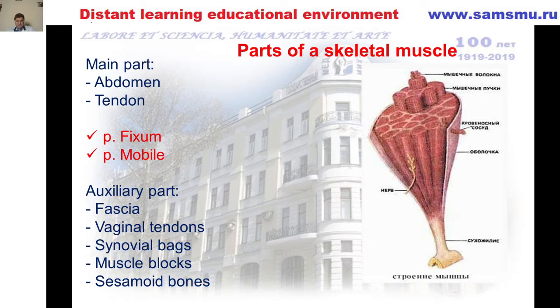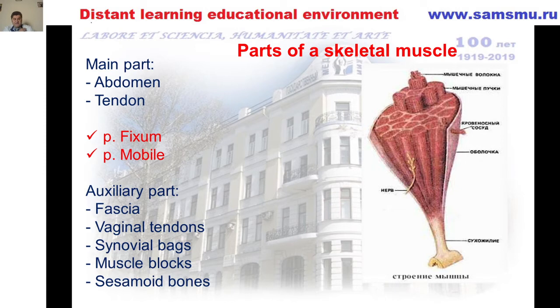A muscle starting on one bone and attaching to another acts through a joint or other movable joint of bones. It so happens that the concept of the beginning and attachment of a muscle is rather arbitrary. When the shoulder muscle contracts, the beginning of the shoulder muscle on the humerus will be a fixed point.